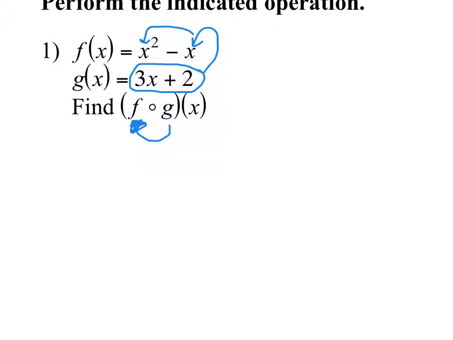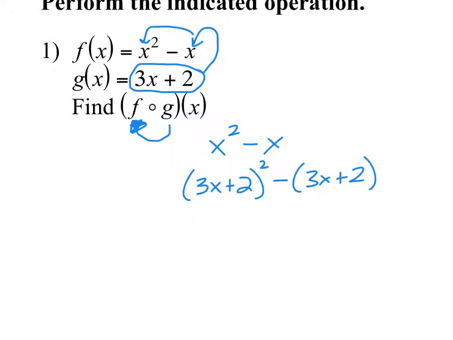So instead of x squared minus x, for every x I'm going to put a 3x plus 2. So this is (3x plus 2) squared, and then minus (3x plus 2). Notice every time I put something in, I always put it in parentheses. Well, (3x plus 2) squared is the same thing as (3x plus 2) times (3x plus 2).